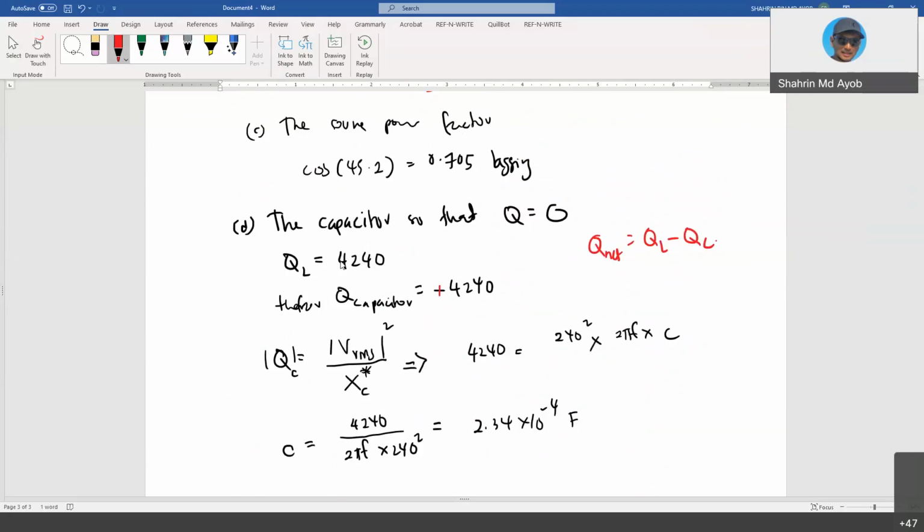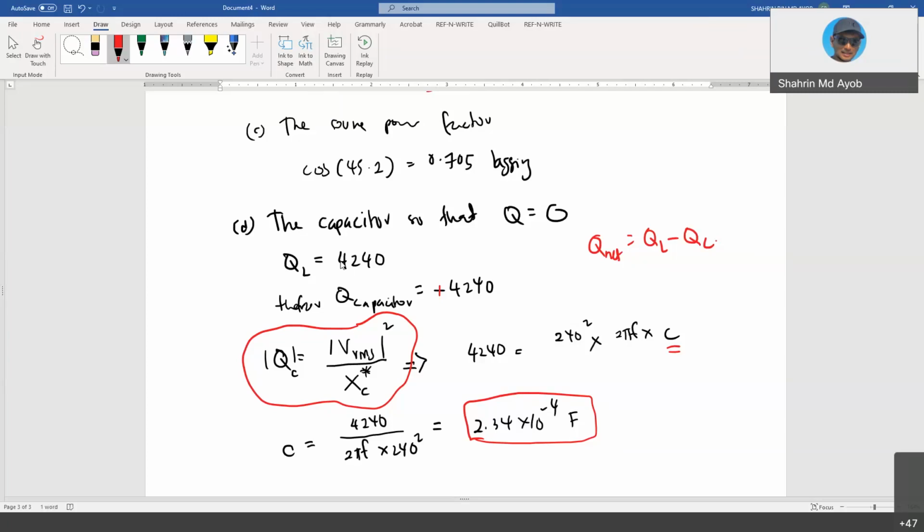Based on the equation, VRMS squared over X conjugate equals 424. So the capacitor that needs to be installed should be 2.34 × 10^-4 farad.